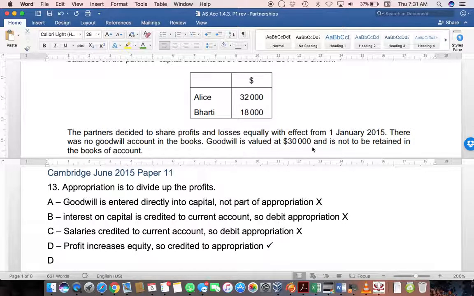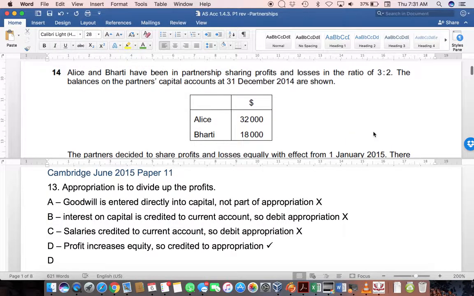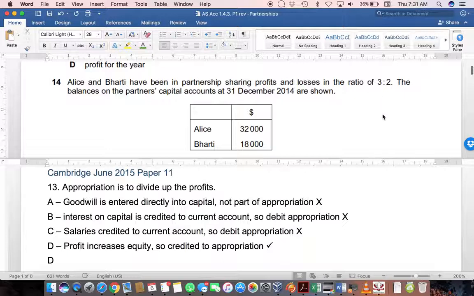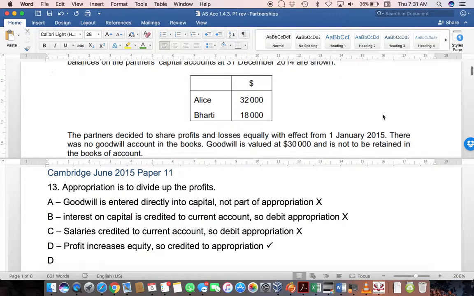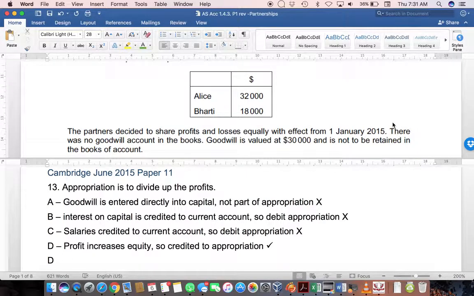Basically what happens is you value your goodwill at the old ratio and give it to the partners in that ratio, and then you use the new ratio to remove it from the books of account. And in that way you will notice that the partners actually benefit, the ones that were there before, when, for example, you're bringing a new partner in. In this situation, it's simply that they're changing their ratio of profit sharing, and then they will have a look and see how they actually benefit from that.